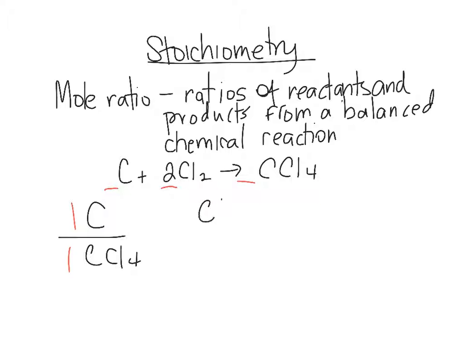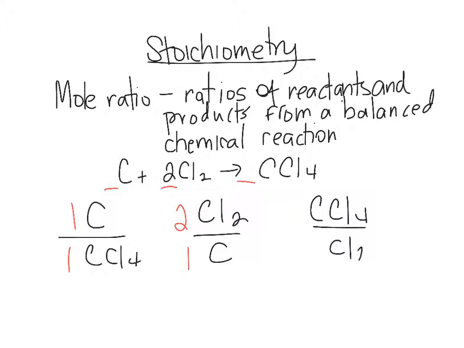You can do a ratio of chlorine to carbon. What's the ratio? 2 chlorine and 1 carbon. 2 to 1. You can do a ratio of carbon tetrachloride to chlorine.